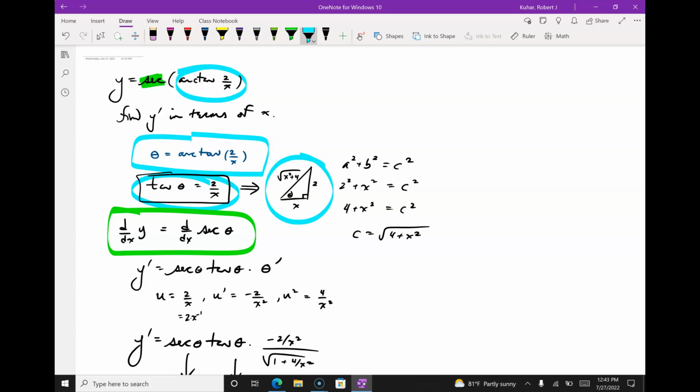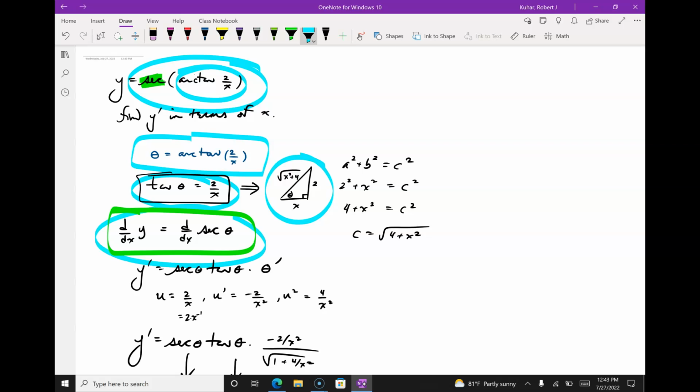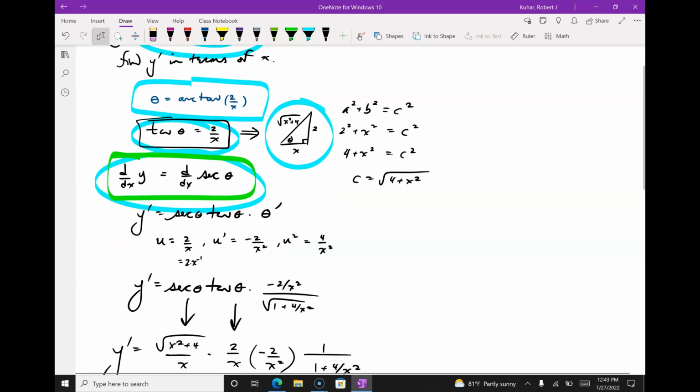So now I'm going back to my original problem. I've rewritten my original problem as y is secant of theta. So now I'm ready to take my derivative. I get y prime is secant theta tan theta, and I need theta prime. I need the derivative of the inside, which of course is an arctan, and we know the process to get an arctan derivative. What is the process?